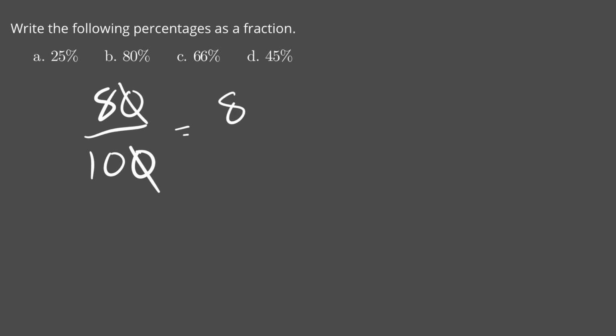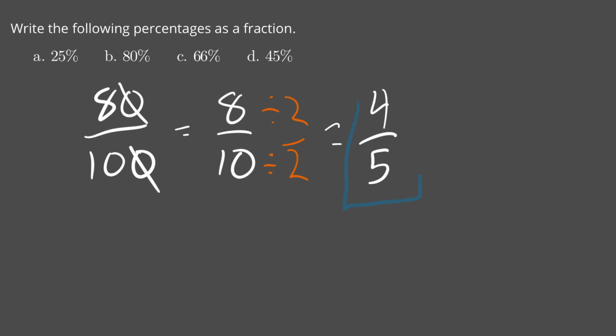That gives us 8 over 10, and we can simplify this further, dividing the top and the bottom by 2 over 2, which simplifies to 4 over 5 as our final answer.